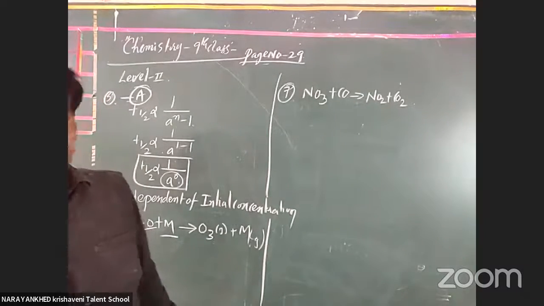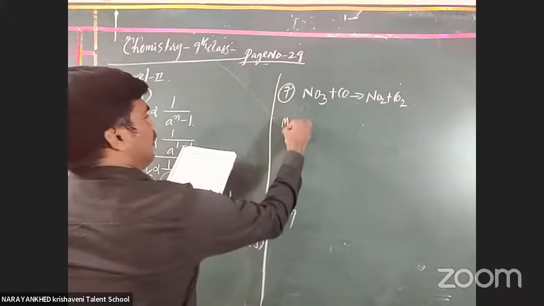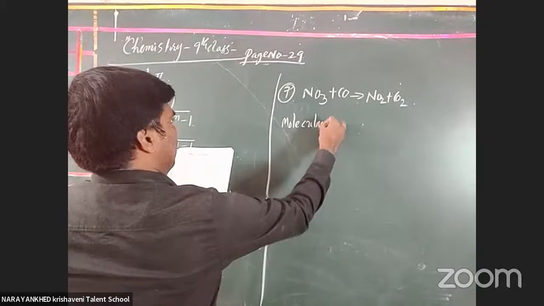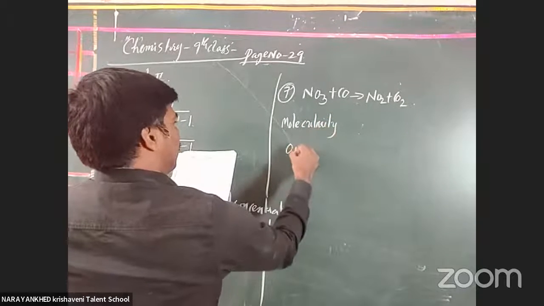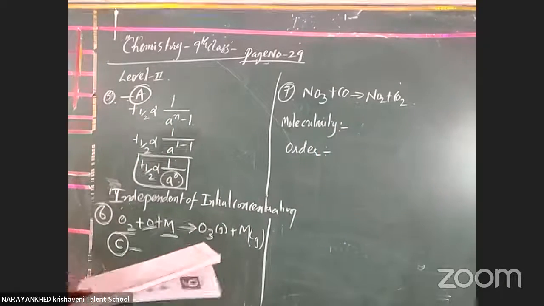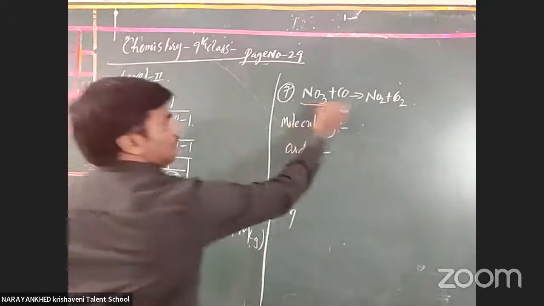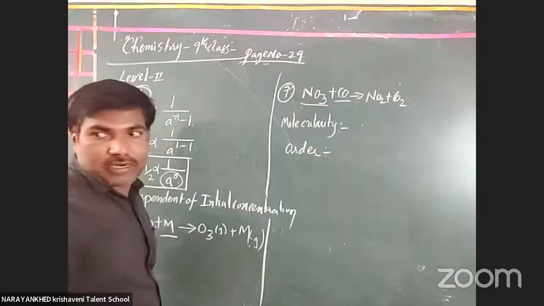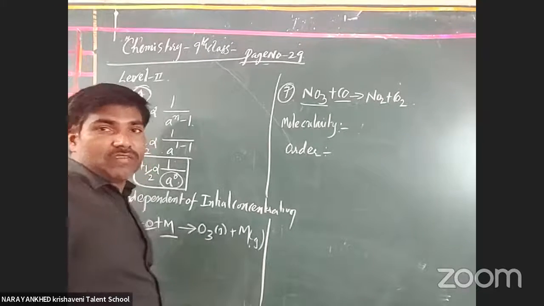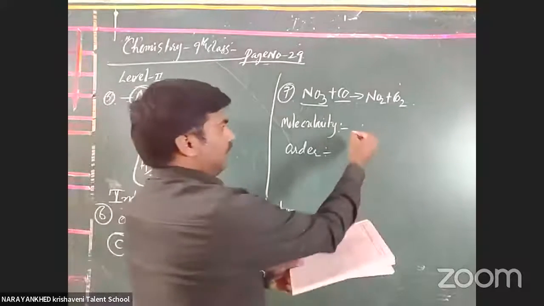The molecularity is the number of molecules involved in this. Two molecules are involved: one is NO3 and the other is carbon monoxide. That's why the molecularity is 2.